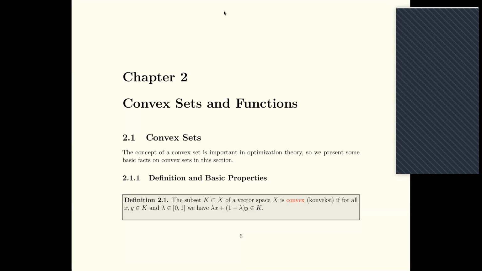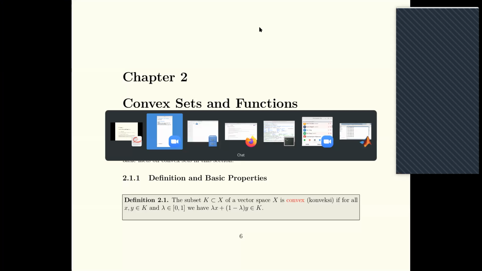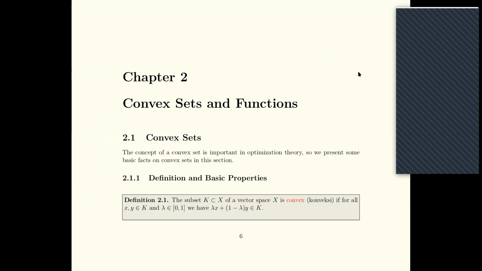So we'll begin this session today with a talk about convex sets and functions. I mentioned earlier that in optimization problems, certain classes of optimization problems are far easier to solve than others.